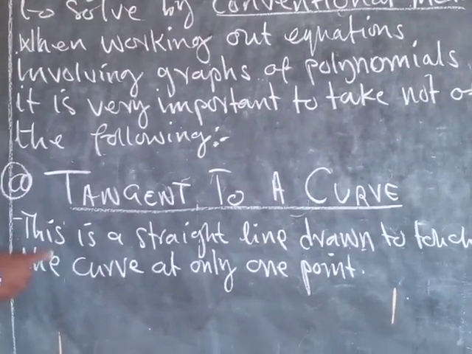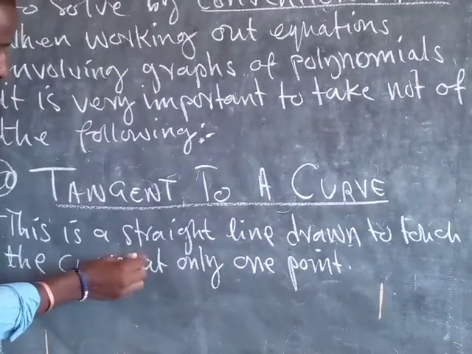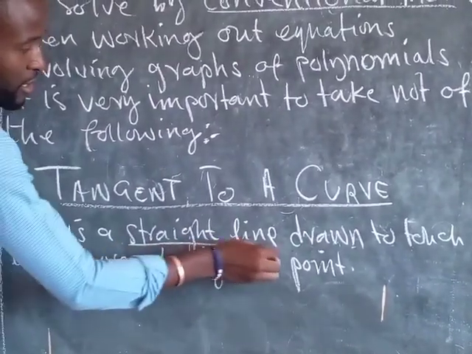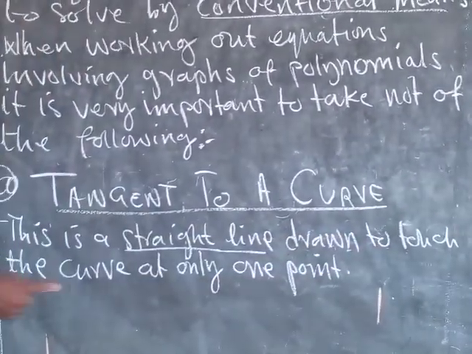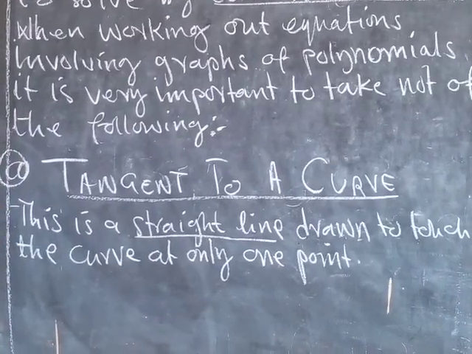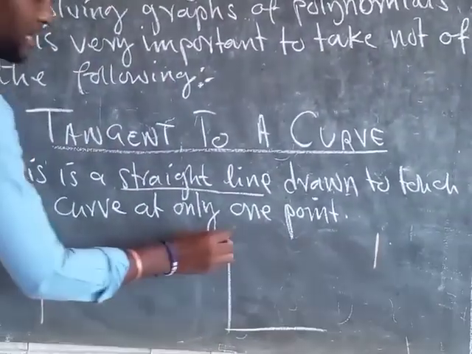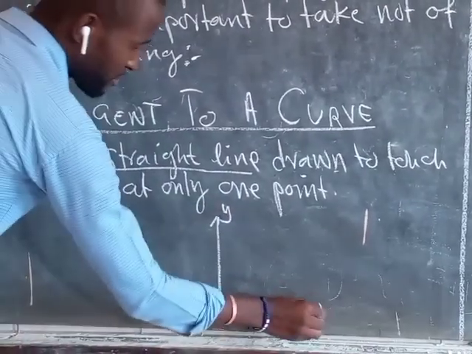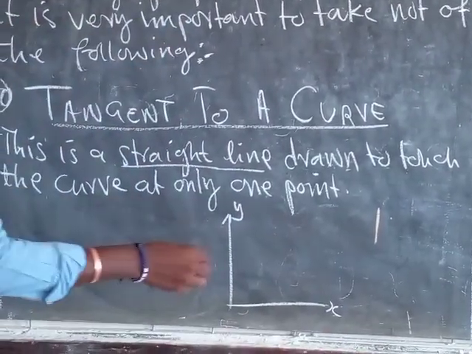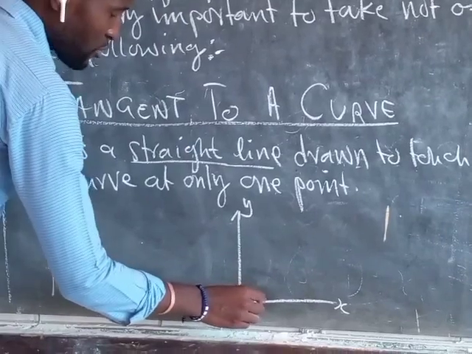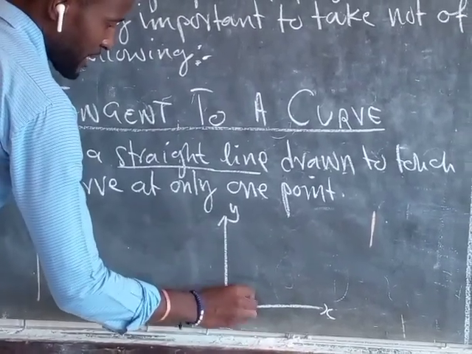So this is a straight line. Keep in mind, it's a straight line drawn to touch the curve at only one point. Let's say that this is my graph of polynomial, and this is my y-axis and this is my x-axis, and I've drawn my curve, which gives me something like this.